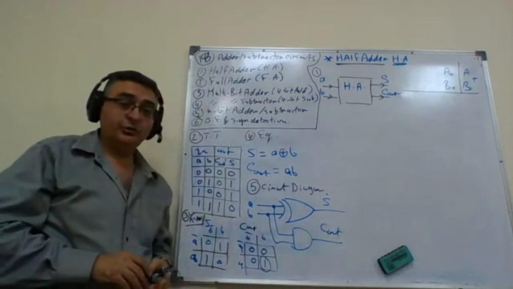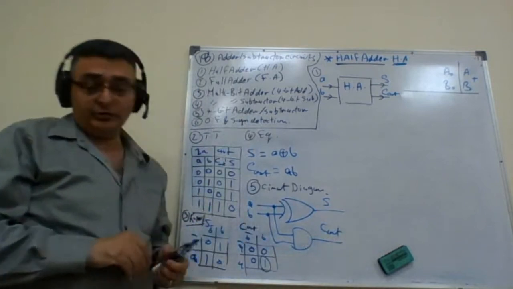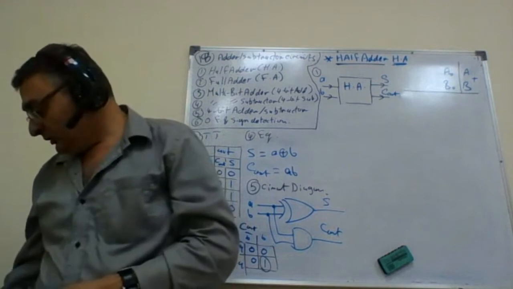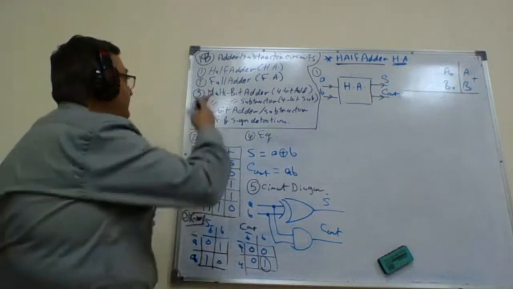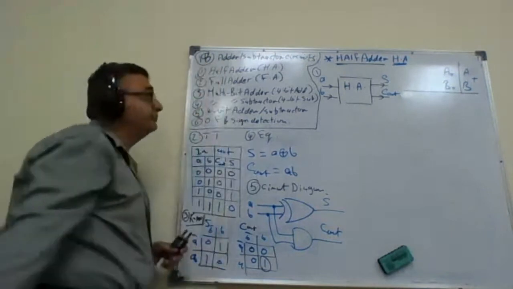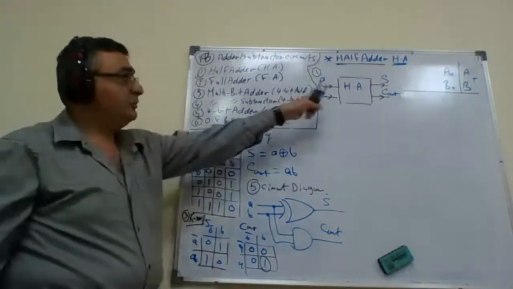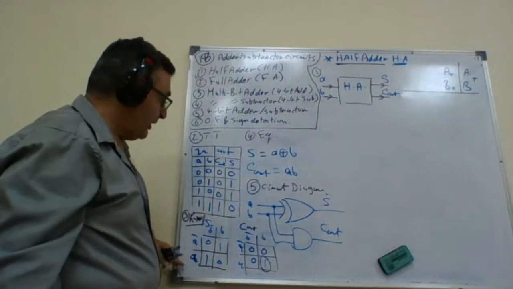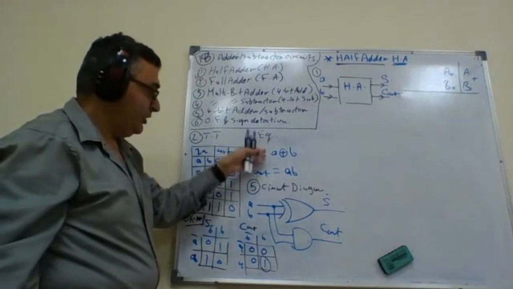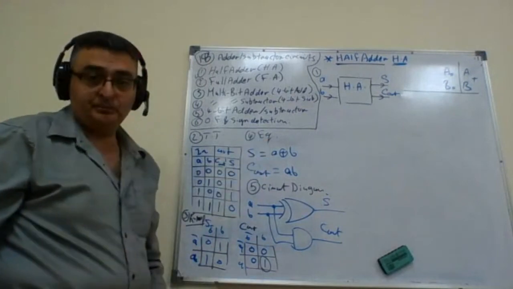Done. So the first circuit we learned today is called the half adder, and it is really a very simple circuit. Okay, we got its block diagram, its truth table, K-maps if needed, equations, and then the circuit.